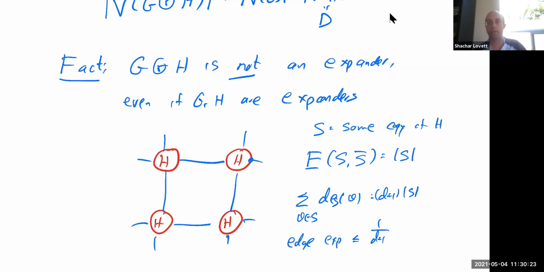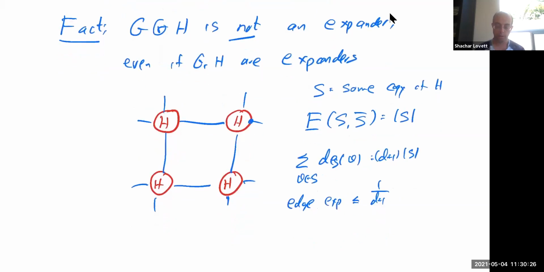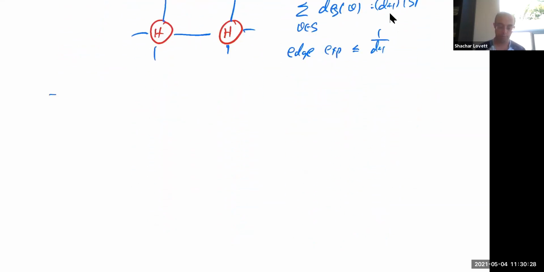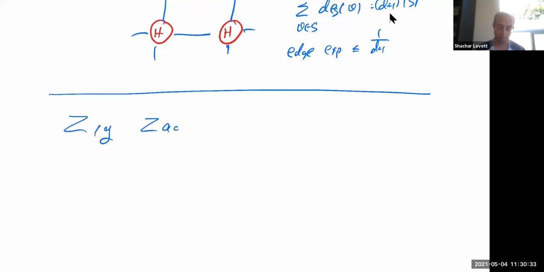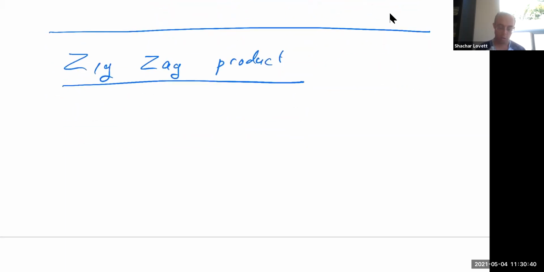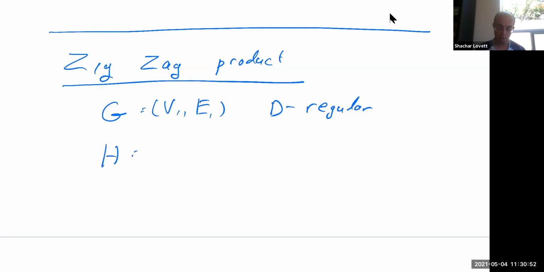So now maybe it's a good time to define the zigzag product. Again, what are going to be the ingredients? G is going to be capital D regular. H is going to have capital D nodes and be small d regular.